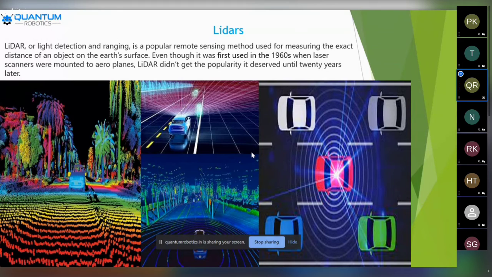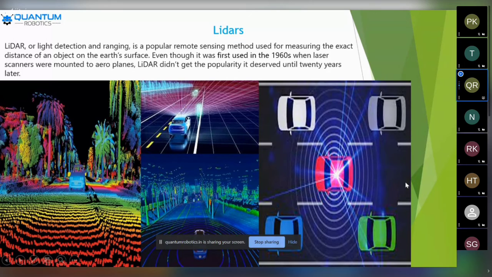At that time, even if a small balloon touches the aeroplane, the aeroplane will crash. That sensitive is an aeroplane when it is flying in the air. At that time, they use this lidar sensor to detect any interruptions coming in the sky. This was the sensor that was used.